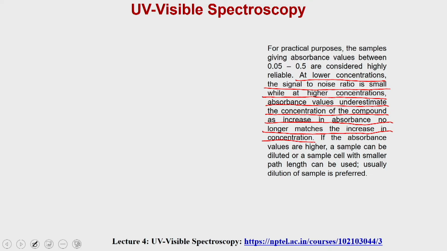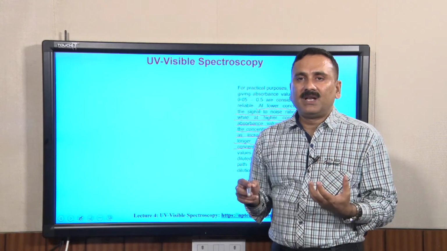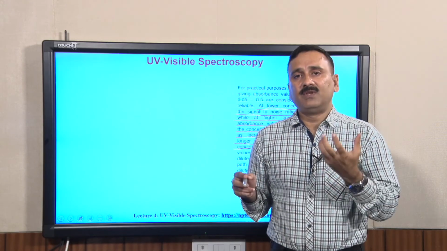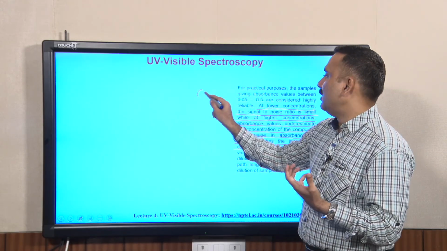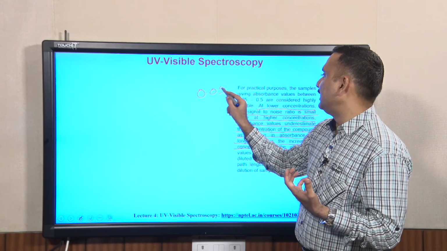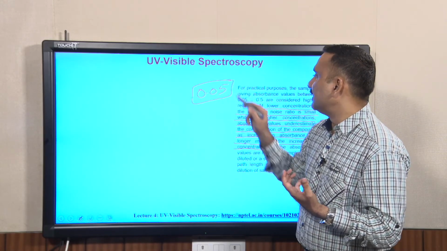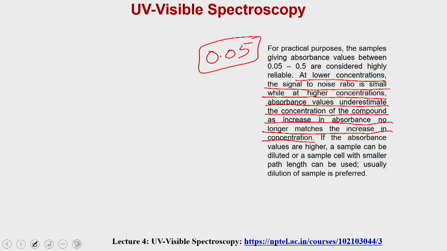So what you have to do, if you have an absorbance of a sample which is less than 0.05, in that case you might have to concentrate the sample and measure again. But suppose you have a value which is above 1, then what are you going to do? You are going to dilute it 3 times, 4 times, and then measure.